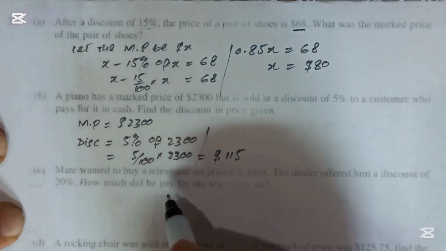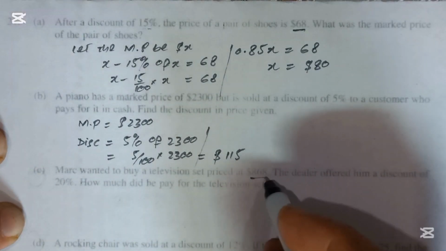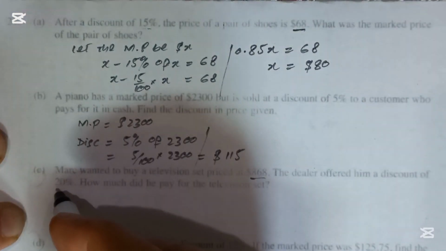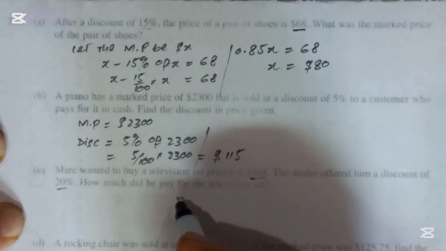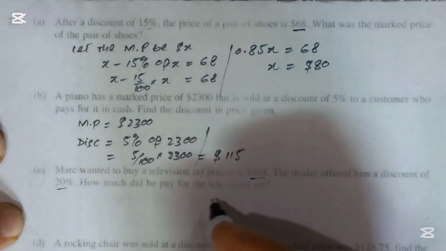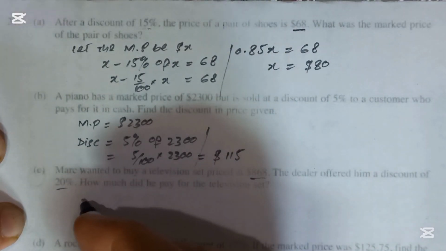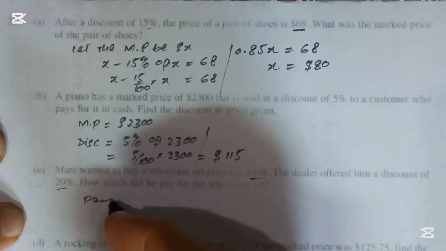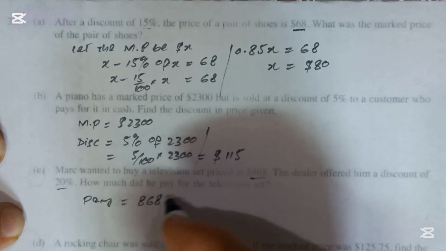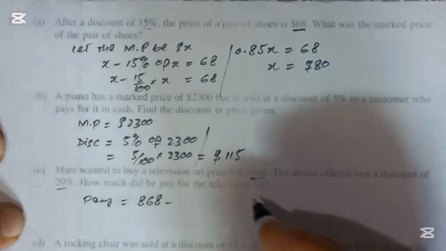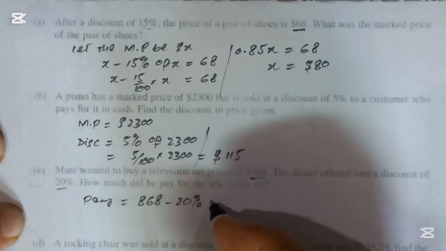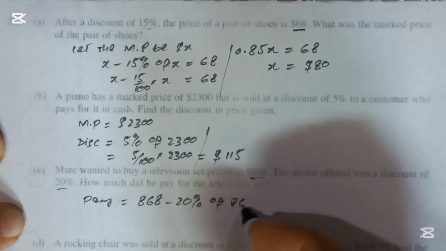C part is Mark wanted to buy a television set priced at this. So this is the mark price. The dealer offered him a discount of 20%. How much did he pay for the television set? So this is 868. So how much did he pay? Pay should be equal to 868. This is the mark price, and there is a discount given, that is 20% off 868.